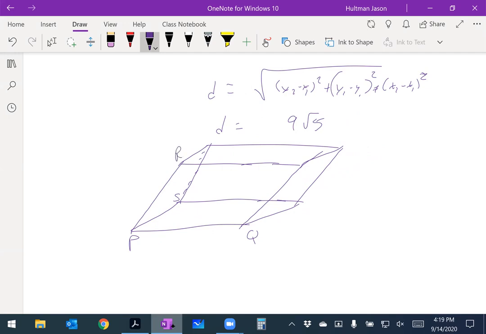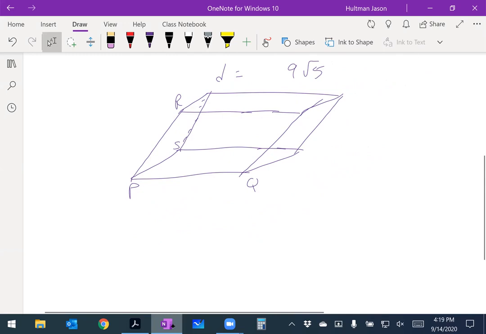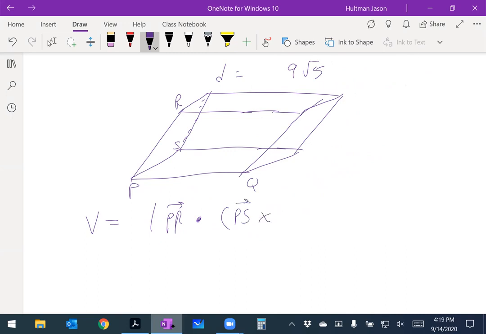So the volume, according to the formula, is equal to PR dotted with PS crossed with PQ.